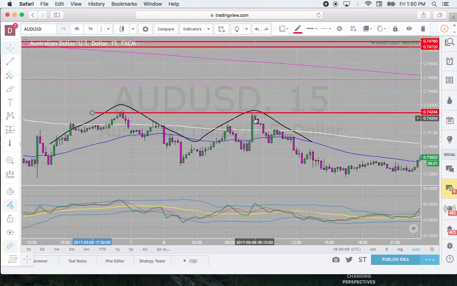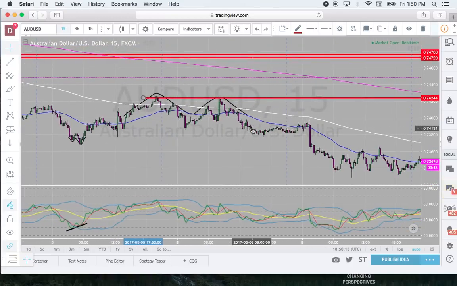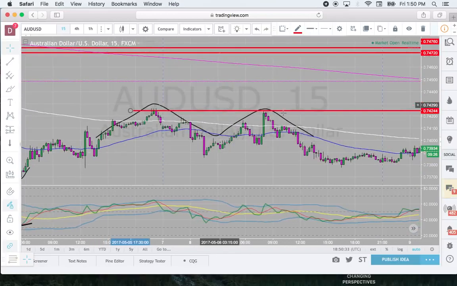Another characteristic of the M and W is the second leg 75% of the time will be more fierce, more powerful, or have more momentum. I don't know how to describe it in a retail trader term, but yeah, it'll have more momentum to the upside.